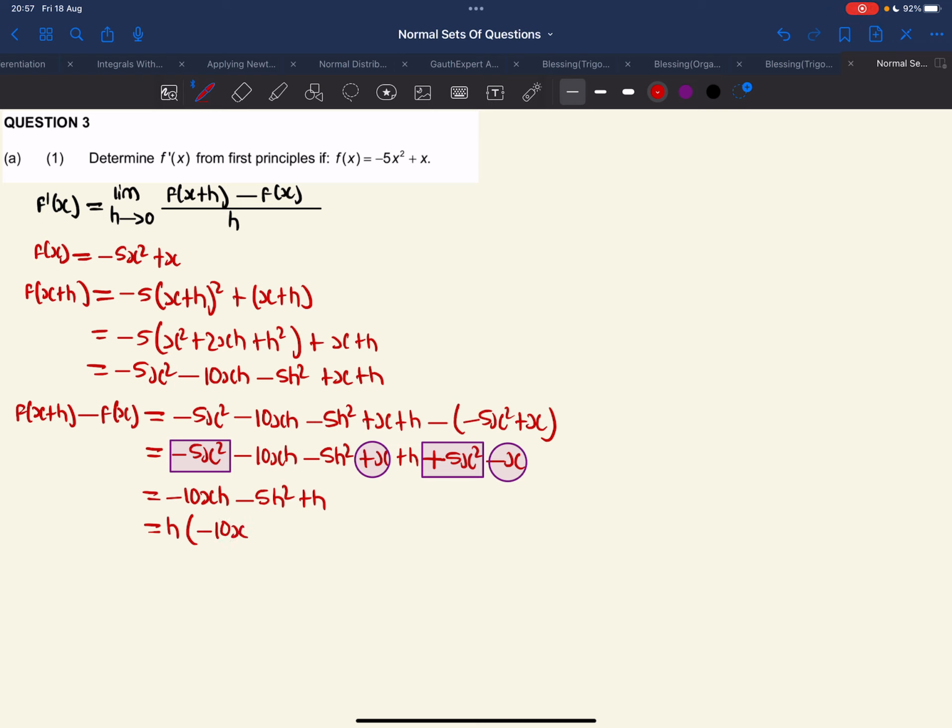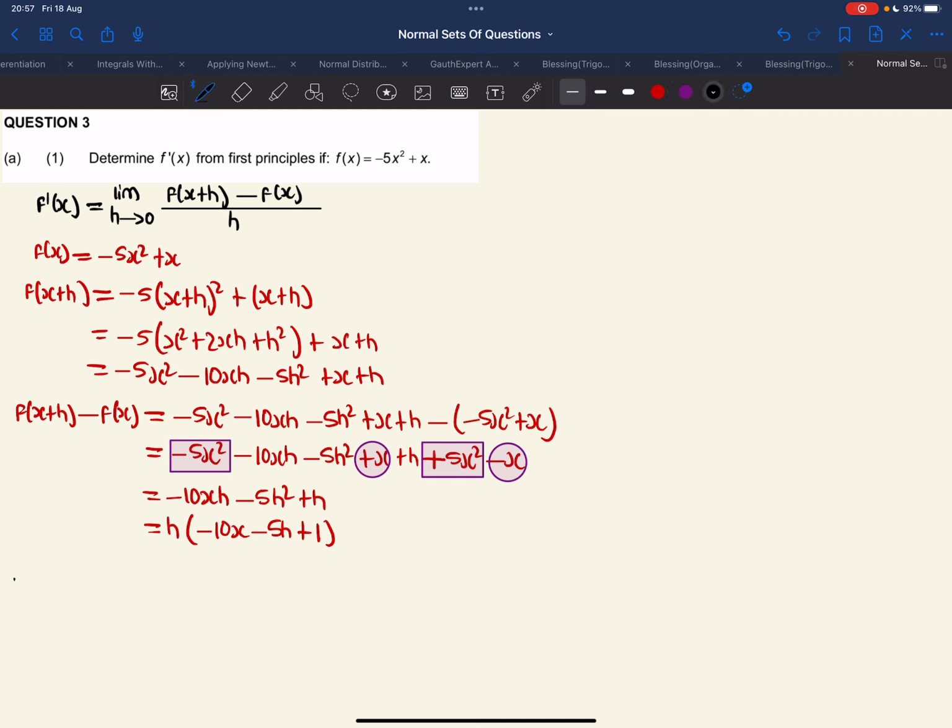And we are left with minus 10x minus 5h plus 1. Then we can now substitute everything into the formula.